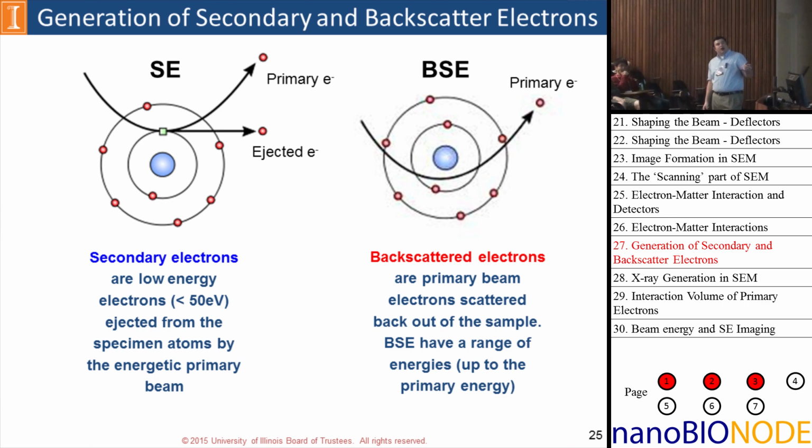Your incident electron comes in, interacts here, and ejects an electron, and now that electron is free to go and do things. As opposed to that, a backscatter electron is a primary electron that comes in, interacts with your target atom here, and then gets scattered over large angles. These two things are going to carry different forms of information, and we'll get to that in a few slides.